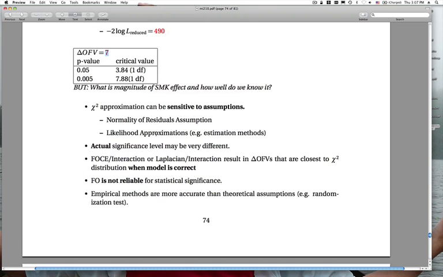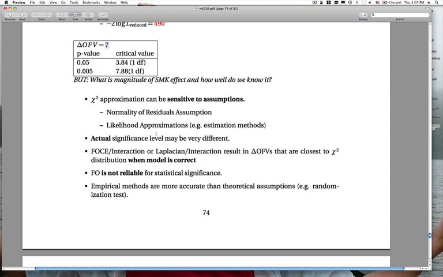Well, the hypothesis testing with these methods should be pursued with caution, and we'll discuss all of this in more detail later. But part of this is because this method is sensitive to assumptions about normality in the residuals, and also to assumptions made in the likelihood approximations. Remember, this is a likelihood ratio test designed to compare true likelihoods, but in a nonlinear mixed effects population model, we're not modeling the true likelihoods.